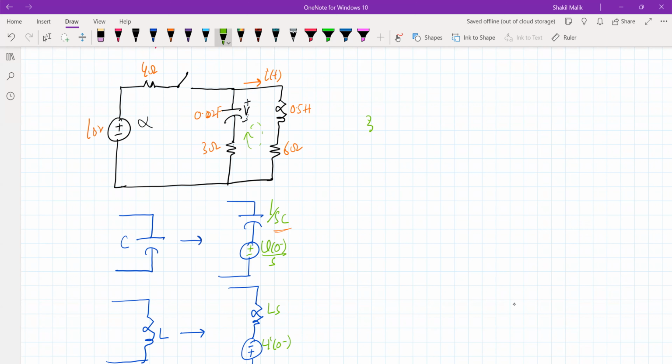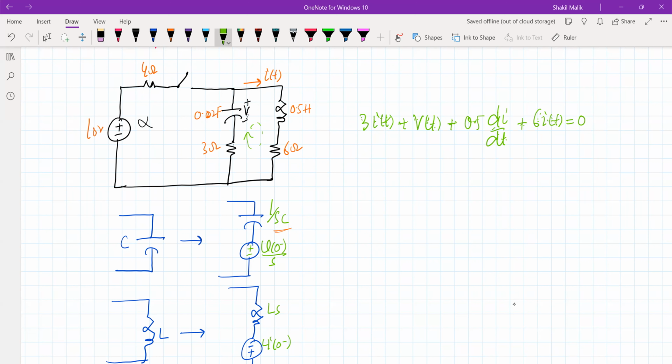So it will be 3 times I of t, so plus v, we don't know what's v, so let's keep it v of t, plus 0.5 di by dt, the voltage across the inductor, plus 6I of t is equal to 0. Okay, so this is the KVL across the loop.